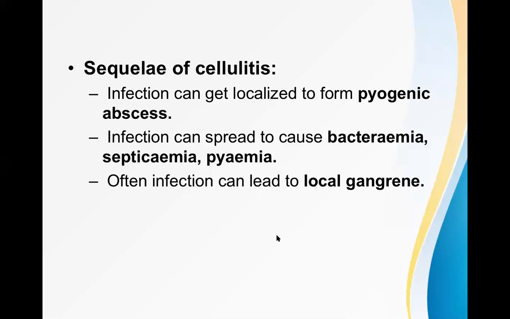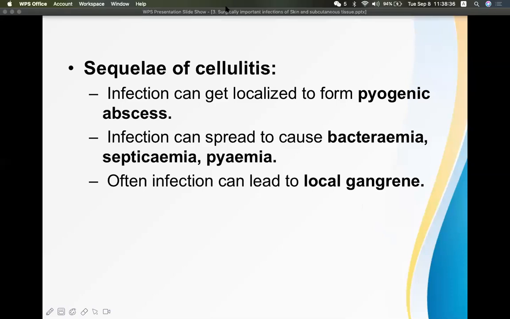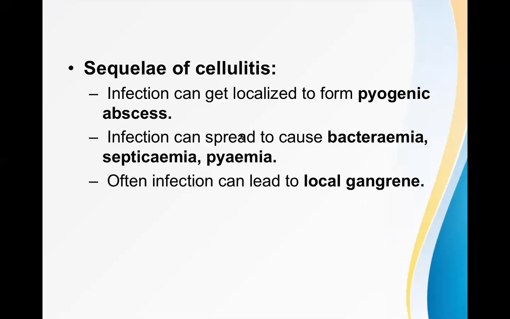This is one of the common mechanisms for local gangrene in case of cellulitis. Another explanation you can give: because of the surrounding infection, there will be thrombosis of the small blood vessels which are supplying the tissues there. If they are thrombosed, then also there will be decreased blood supply there, resulting in gangrene. These are the common mechanisms.